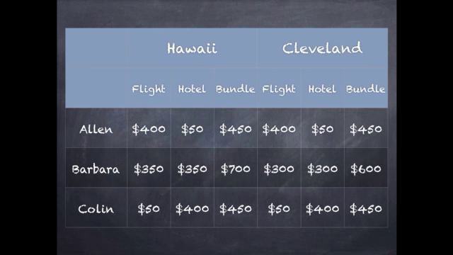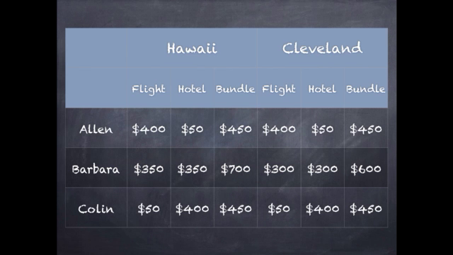will be $150. Let's compare that then if they charge $350 for that flight. Colin will no longer buy the flight because he only wants to spend $50 on that flight, but Barbara and Alan will purchase it. So Barbara and Alan will spend $350 because it's equal to or less than their reservation price, and that will yield a profit of $700.